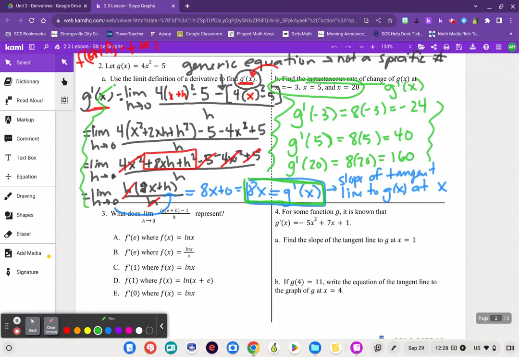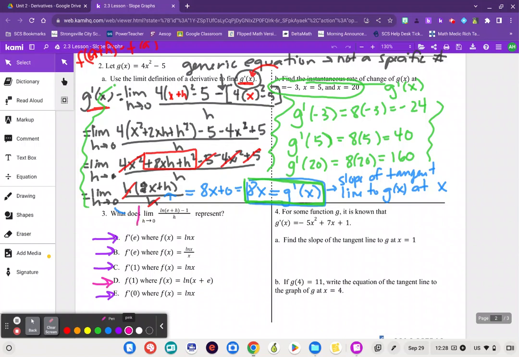So 3 says, what does the limit as h approaches 0 of the natural log of e plus h minus 1, all divided by h represent? First of all, I'm going to look at my options here. And all of my options either have f prime or just f.